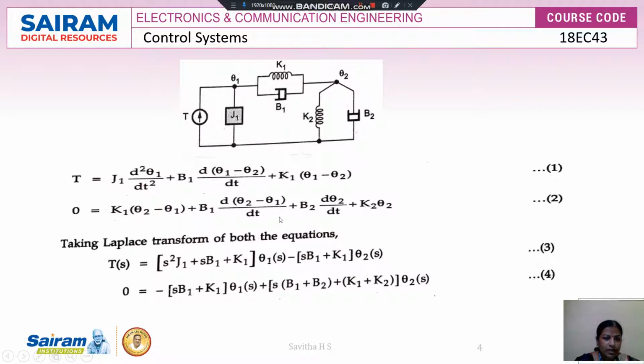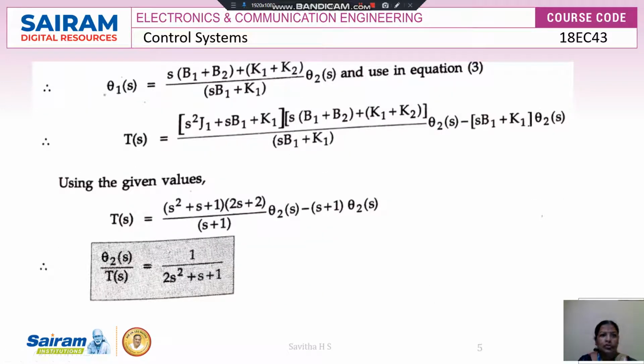Then taking theta 2 of s as common, we get K1 plus K2 and B1 plus B2 into s. So theta 1 of s equals (s(B1 plus B2) plus K1 plus K2) divided by (s B1 plus K1) into theta 2 of s.